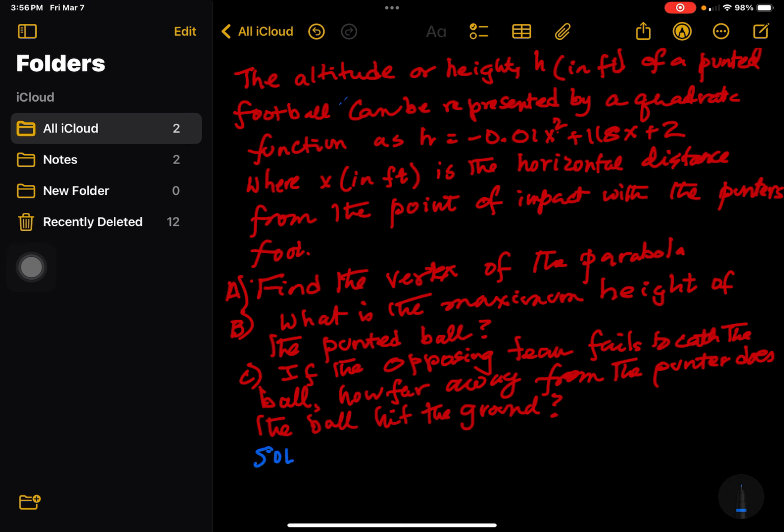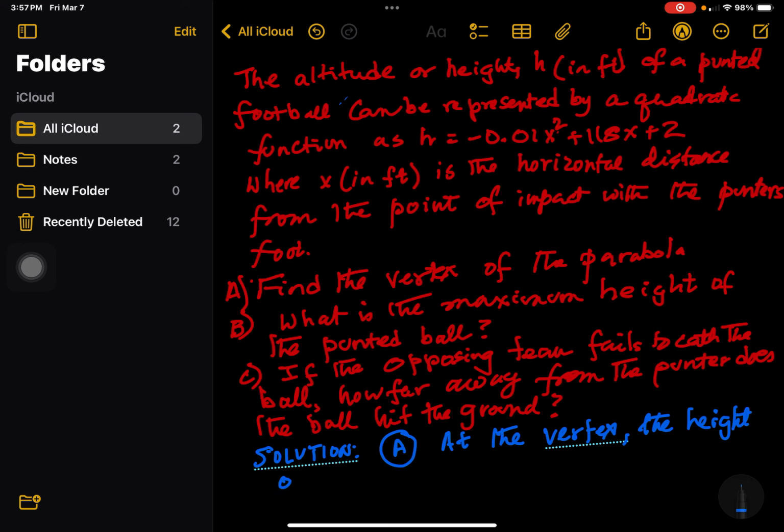Solution. At the part A, at the vertex, the height of the football is maximum.